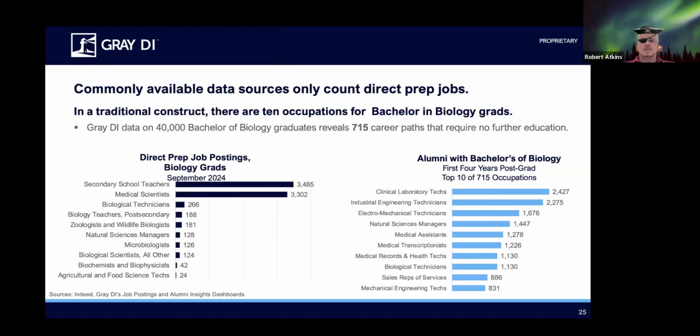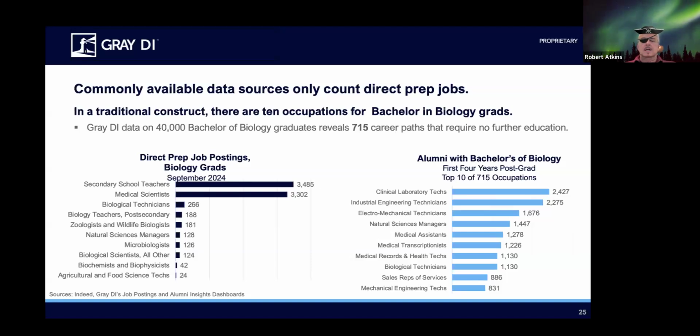It's the way labor market economists like to do the work. The problem is understanding how what a student has learned plays out in terms of their interest and the skills that they have for a job is very, very difficult. And the traditional direct prep analysis massively underestimates the career opportunities for graduates.